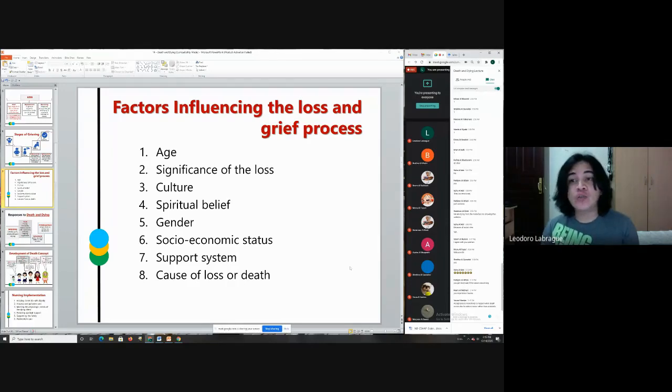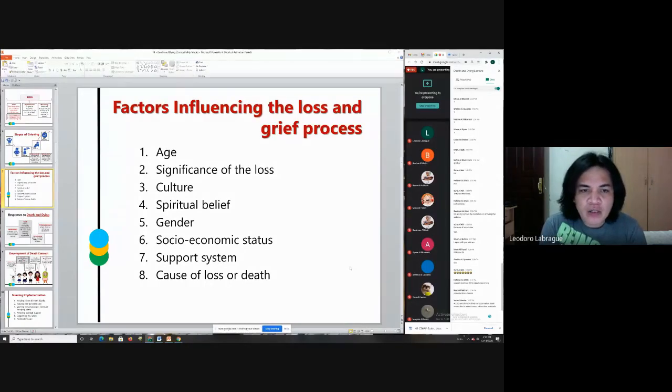But the reaction is different if a person dies because of an accident, or maybe because of a crime. Technically the emotional response is also different. The example given by Shaika is very important and is related to my example. The cause is very impactful on the way we process loss and the grieving process. Thank you so much, Shaika.